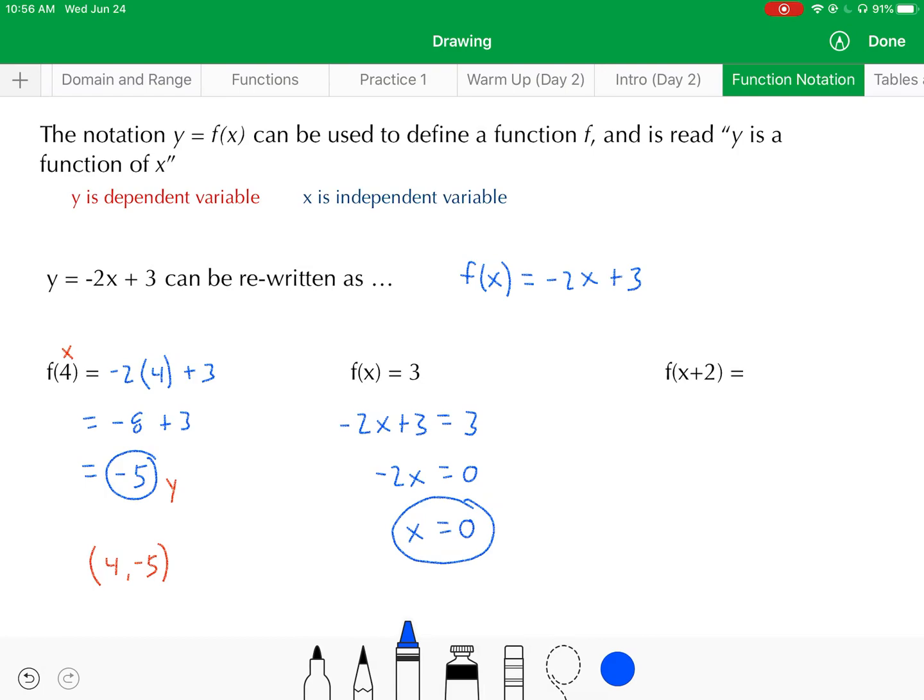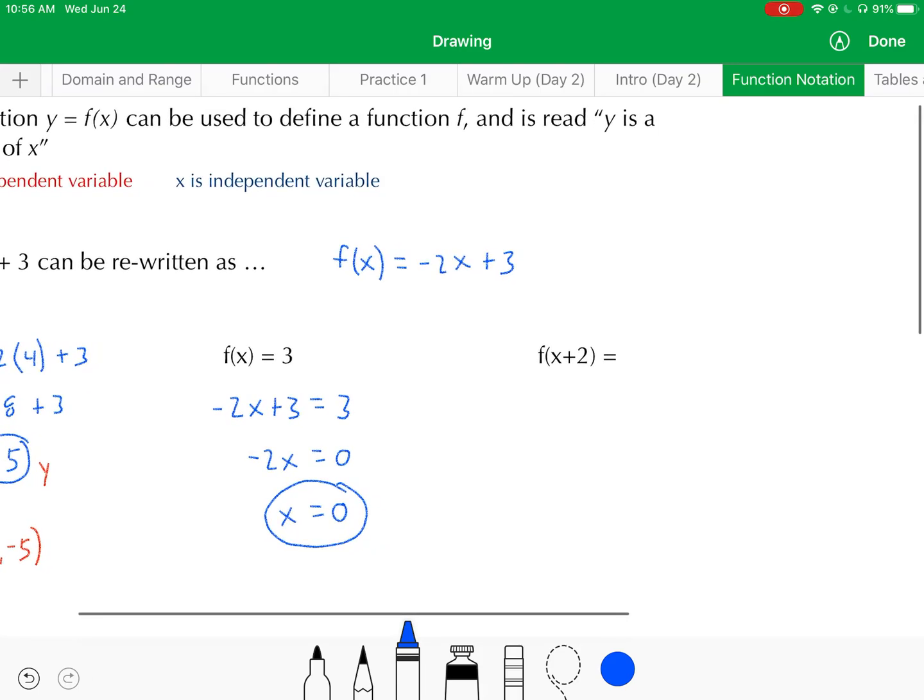Okay. Final example, now we want to evaluate the function f with a variable expression of x plus 2. So that means we are inserting x plus 2 in for x. And then we're simplifying as best as we can the right side.